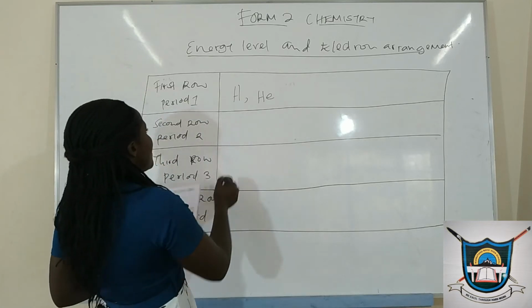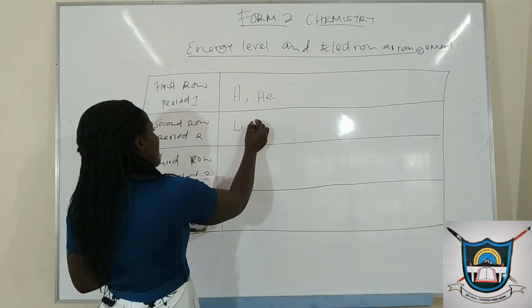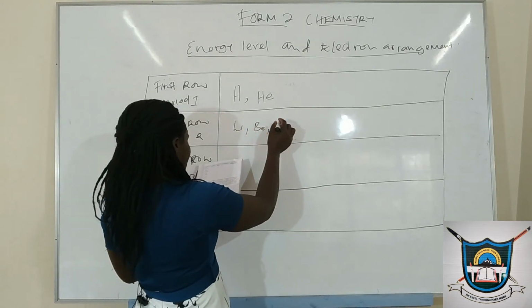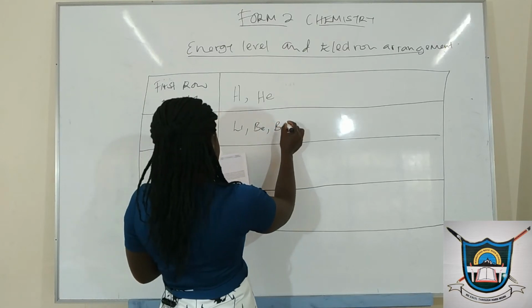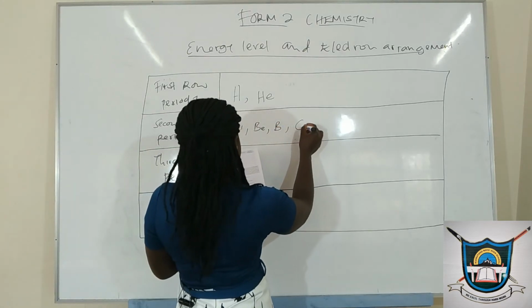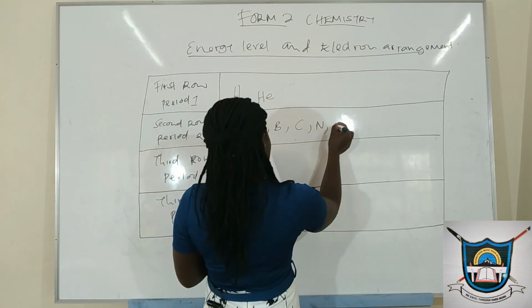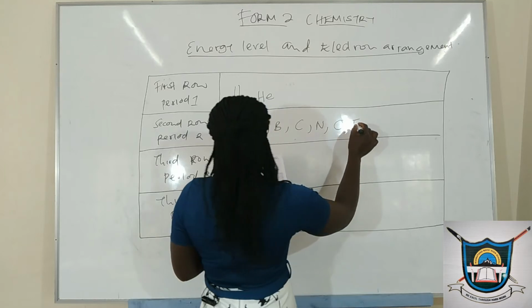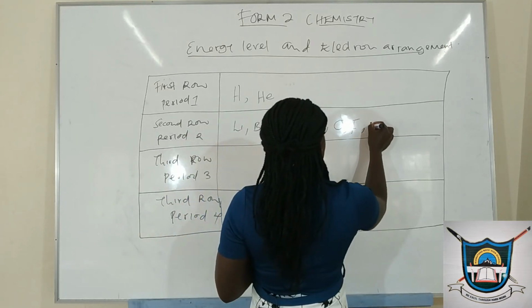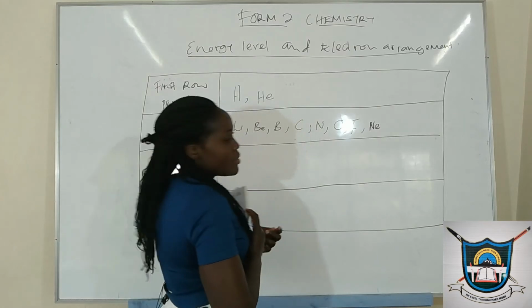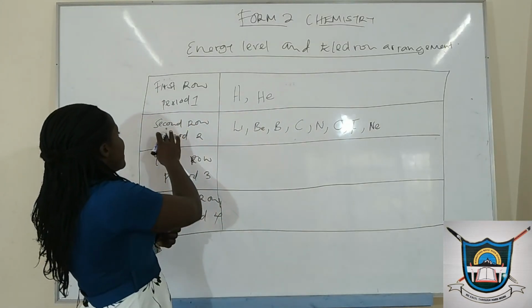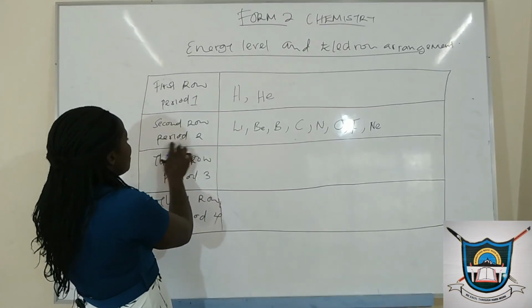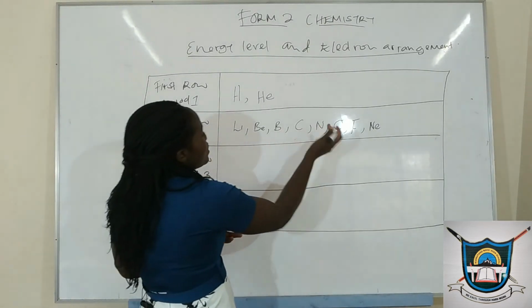That is, we have lithium, beryllium, boron, carbon, nitrogen, oxygen, fluorine, and lastly, neon. Those are the elements that will be arranged in the second row, and they belong to period 2. We say they have 2 energy levels.